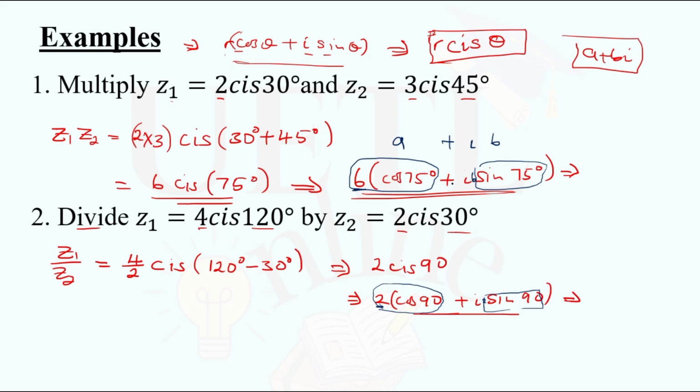So this is how we multiply and divide complex numbers. As easy as that. In this case, I think you have understood why we use polar form. It is easy in multiplication and division. The next step you're going to look at is finding the powers of these complex numbers. Let's say z1 to the power 4. You can easily find it in polar form, and it is very hard to do in the other way.